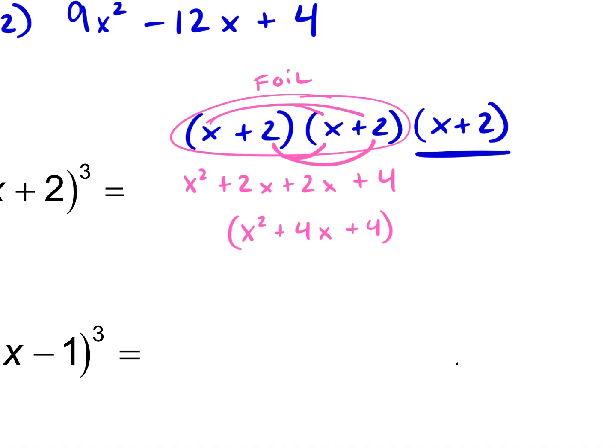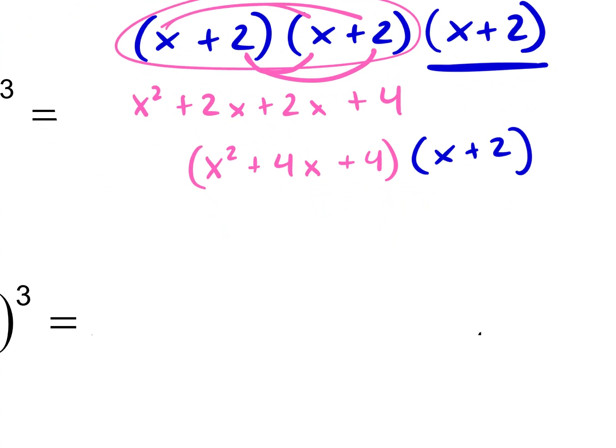Then we want to multiply the third one to it. So then we multiply x plus 2. So here, since you have 3 terms that are getting multiplied by 2, it's a little bit more than FOILing. Just make sure everything in the first parentheses gets multiplied to everything in the second. So starting with x squared. What's x squared times x? X cubed.